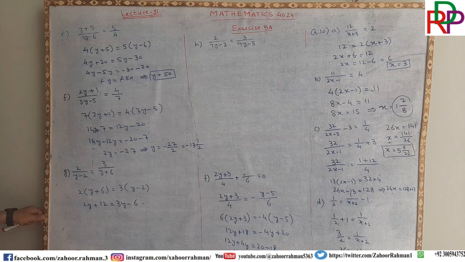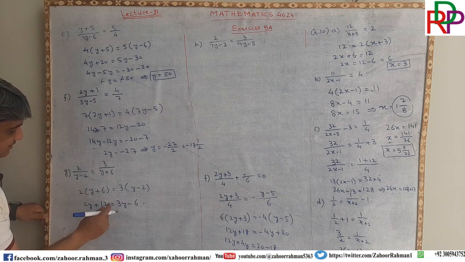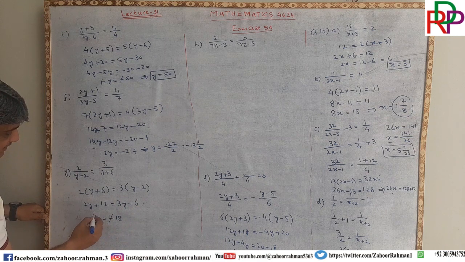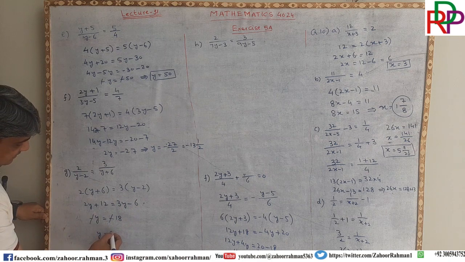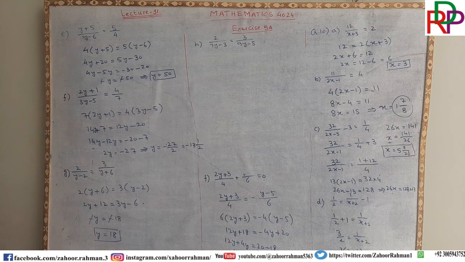And ladies and gentlemen, 2y minus 3y will give you minus y, and minus 12 and minus 6 will give you minus 18. So this y will be cancelled with this and we will be left only with 18. So 18 is the answer here.